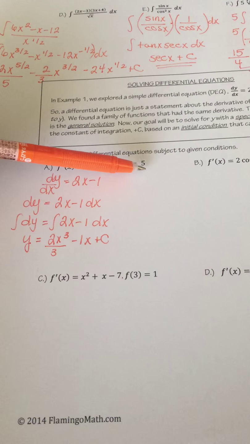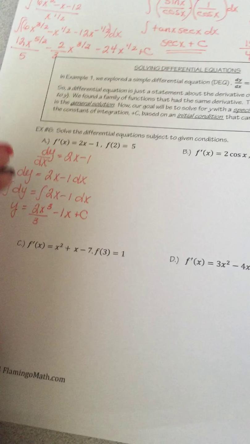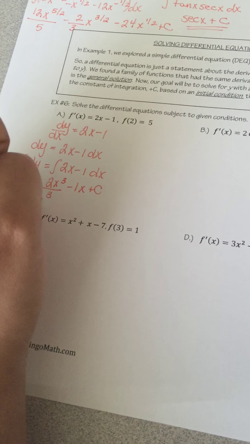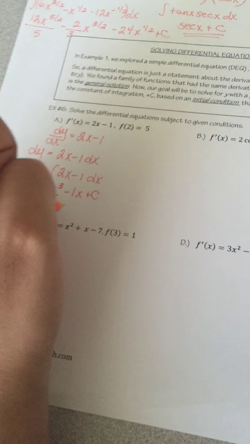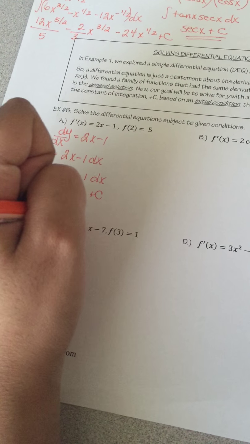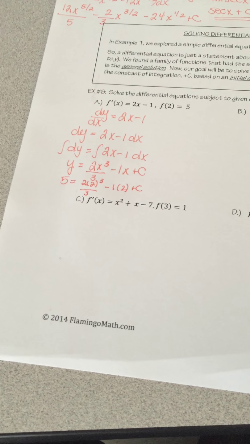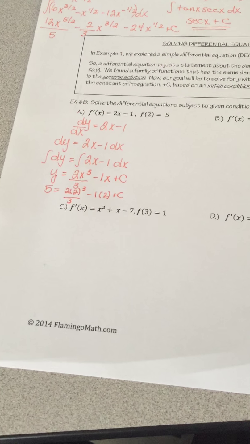We know that 2 is our x and 5 is our y. We substitute them in and solve for c. So 5 equals 2 times 2 cubed over 3 minus 1 times 2 plus c. So that's 8 times 2, 16 divided by 3 minus 2.